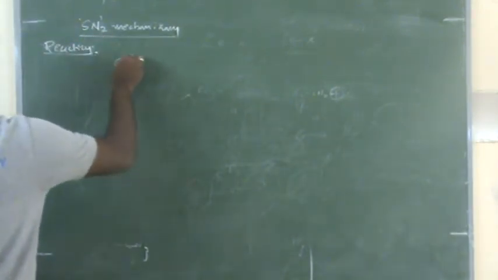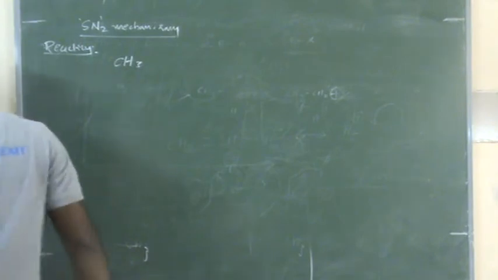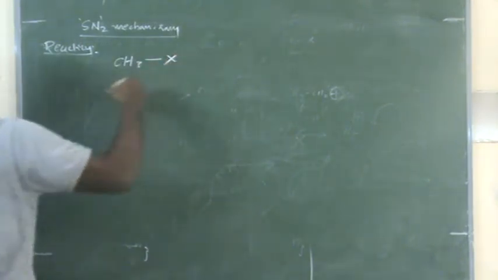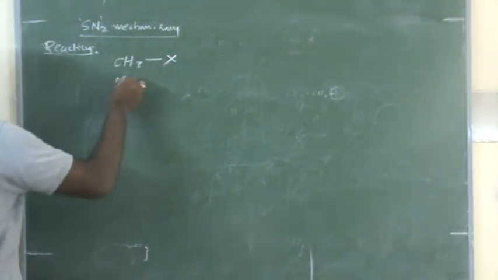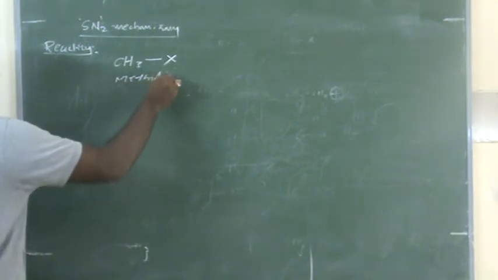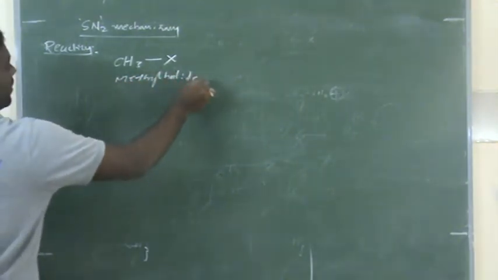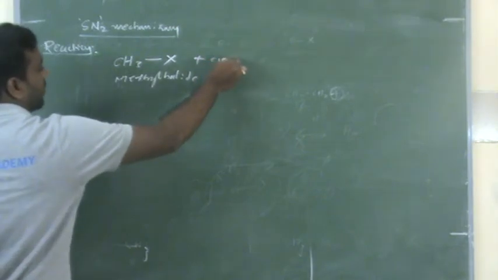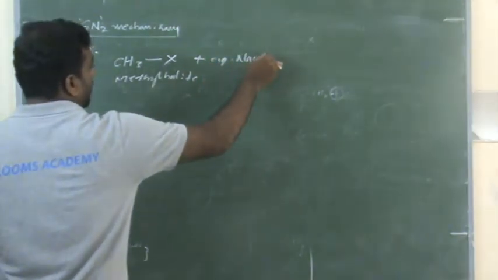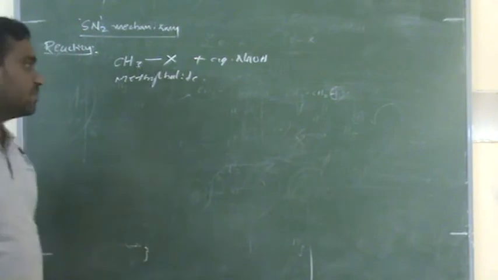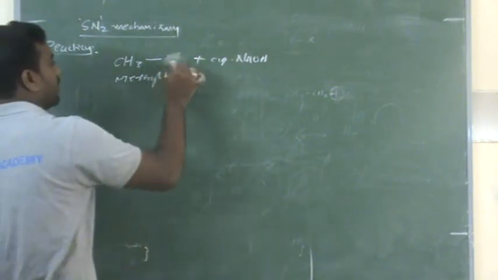If we take the primary alkyl halide, that is CH3X, the methyl halide can react with aqueous NaOH. Instead of X, I am taking Cl.